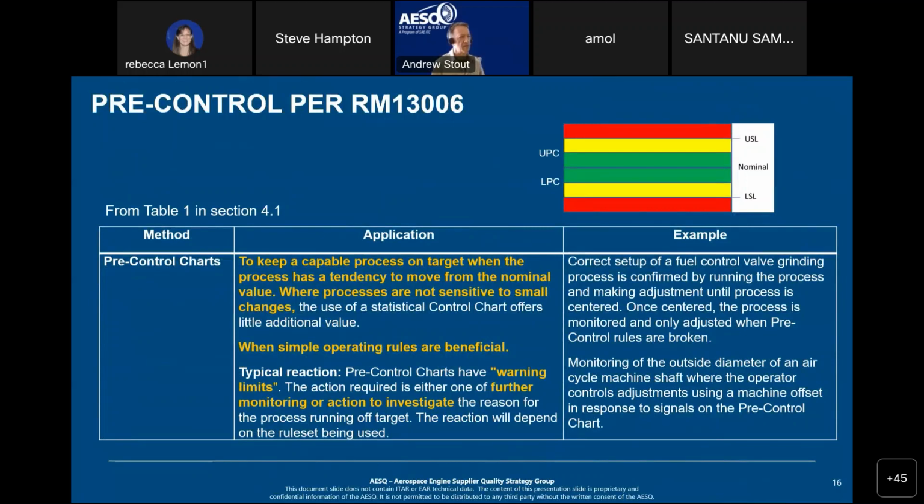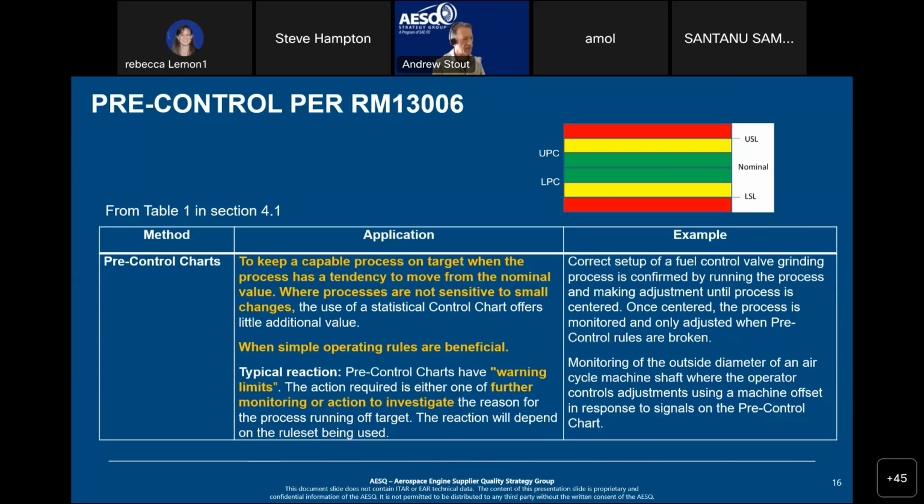So this is section 4.1, and I certainly won't read all of this, but just to show you what's in the RM. Something you want to do with this method is to keep a capable process on target when the process has a tendency to move from the nominal value. So you're starting with a process that is already proven capable.